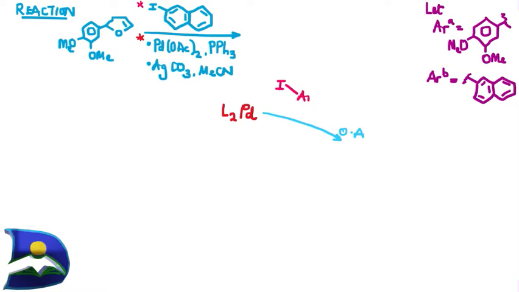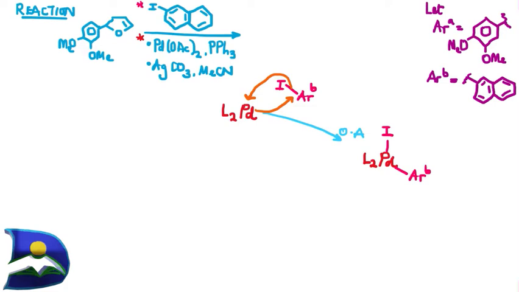This is done in the presence of this particular aromatic iodide, or I'll call it a halide, because you always start with halides for oxidative addition. And by this process we've attached the iodide and the aromatic ring B to the particular complex.